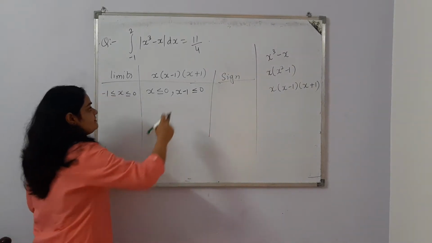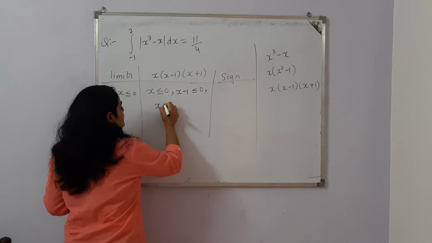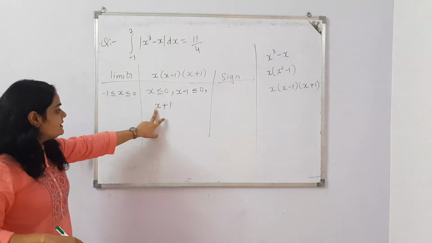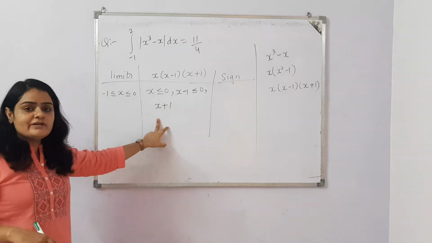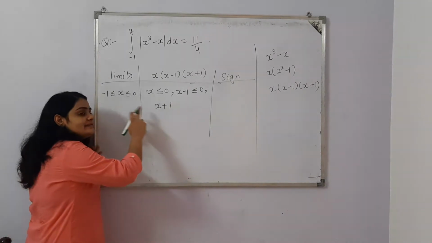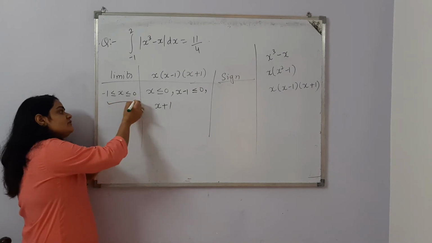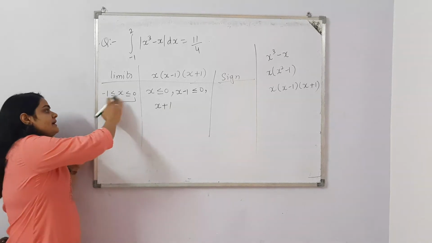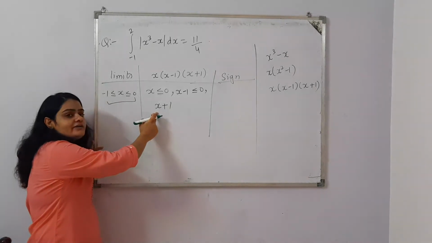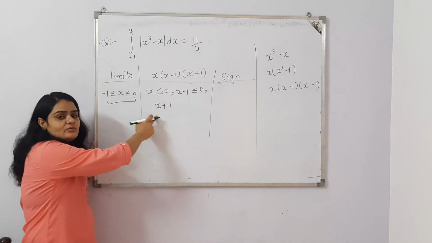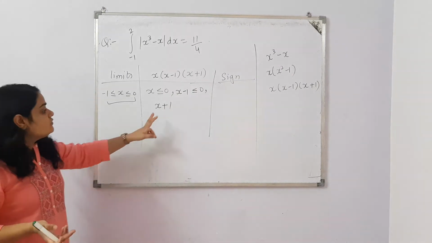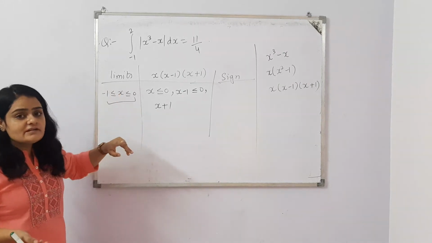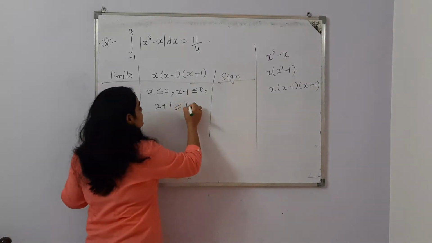Another one is x plus 1. If x is minus 0.5, we get 0.5 as the answer. If it is minus 0.4, we get 0.6. I am substituting one or two numbers lying between minus 1 to 0. So we are getting that it is positive.